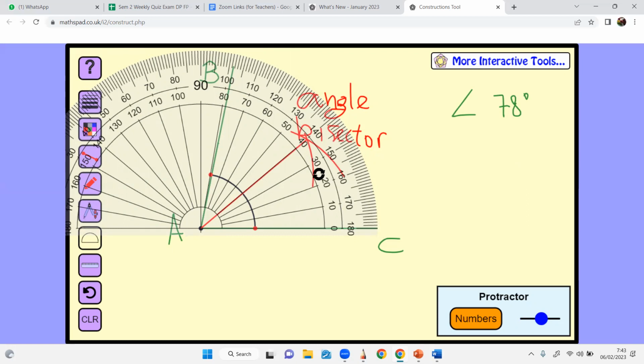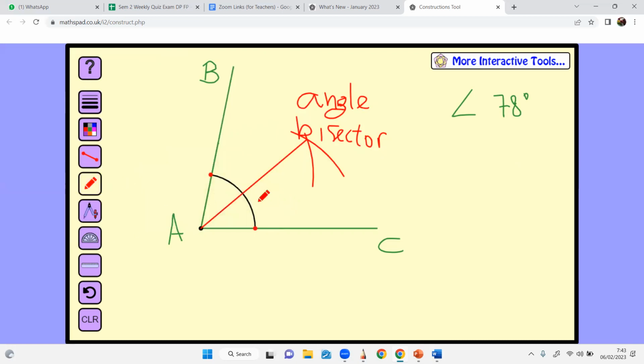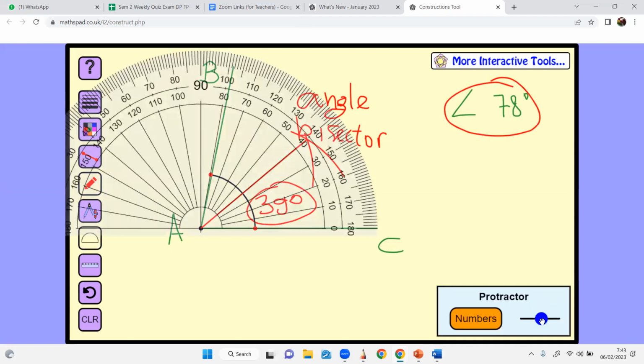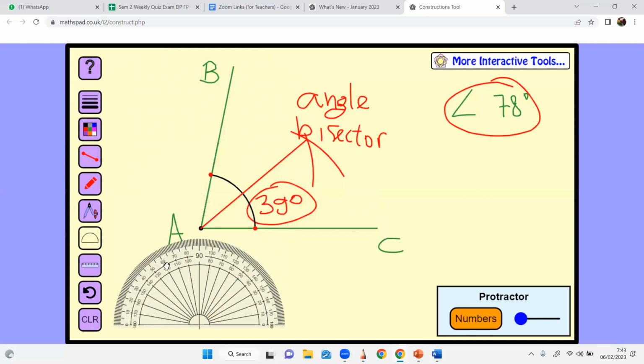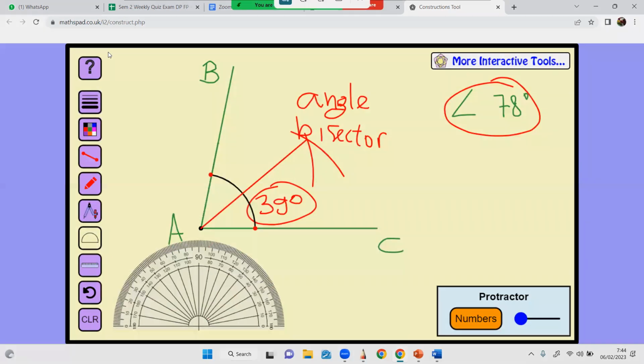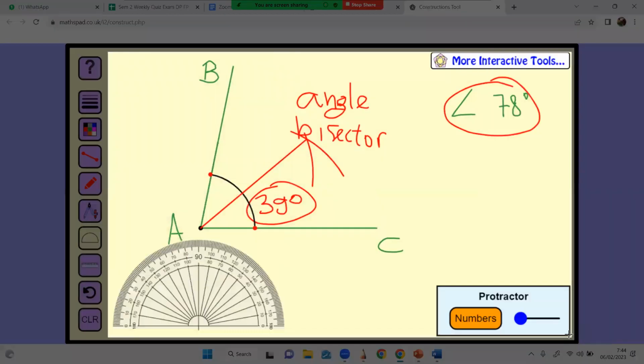Guys, yeah. 39 degree, that's all. So the more accurate you draw, the nearer the angle it will produce. That's it about the angle bisector. Okay, I will make this smaller so you can see here. Any questions so far?